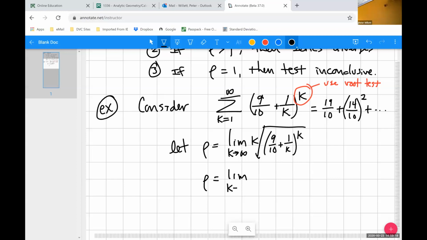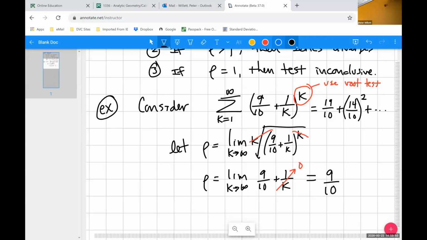That's why we chose this test, because the kth power and the kth root cancel each other out. And I just have the limit as k goes to infinity of 9/10 plus 1 over k. And then hopefully we may recall that since as k goes to infinity, this fraction drops out, this just becomes 9/10.